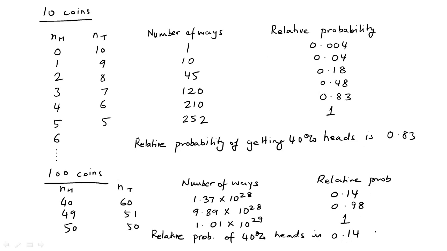Let us see what happens to this number if we go to 1000 coins. For perspective, I'm going to write down the key results for 10 coins and 100 coins before calculating these numbers for 1000 coins.